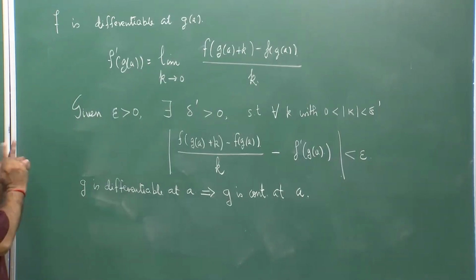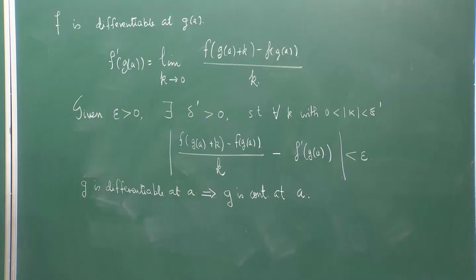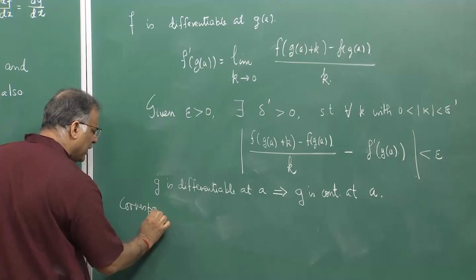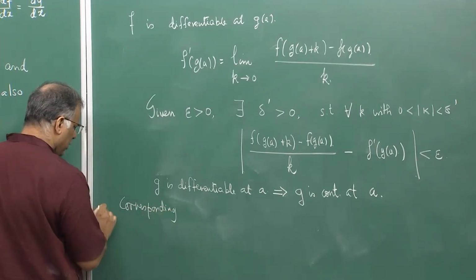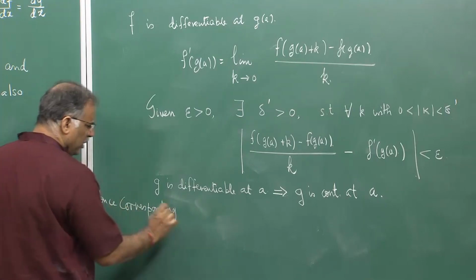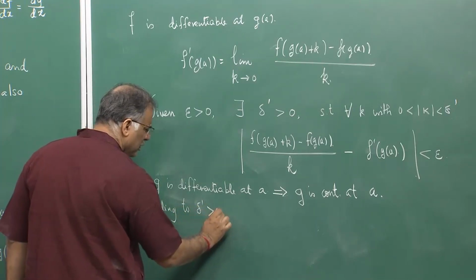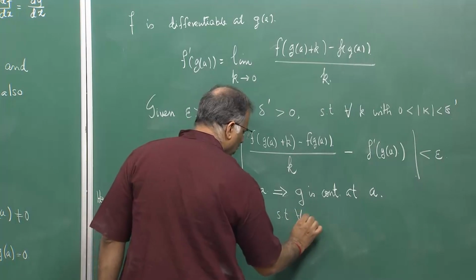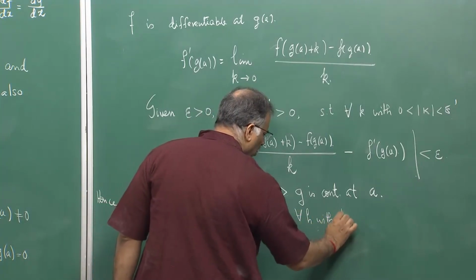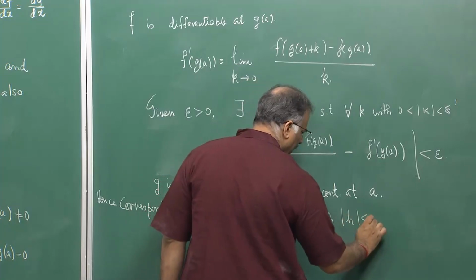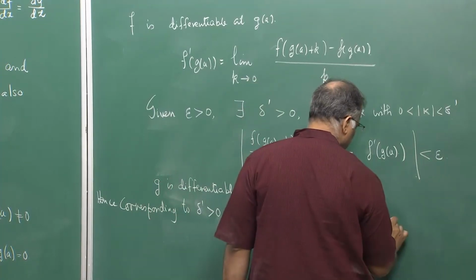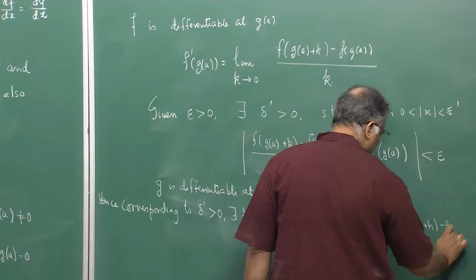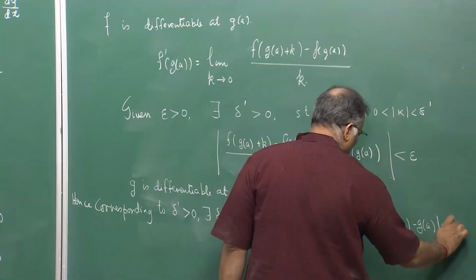If I now consider this delta dash to be my epsilon for g, then corresponding to delta dash greater than 0, there exists delta greater than 0 such that for all h with mod h strictly less than delta, it implies that mod of g of a plus h minus g of a is strictly less than delta dash.